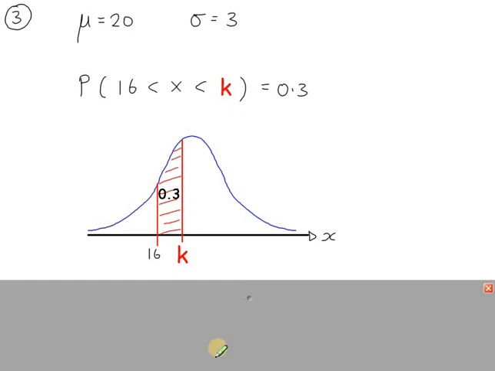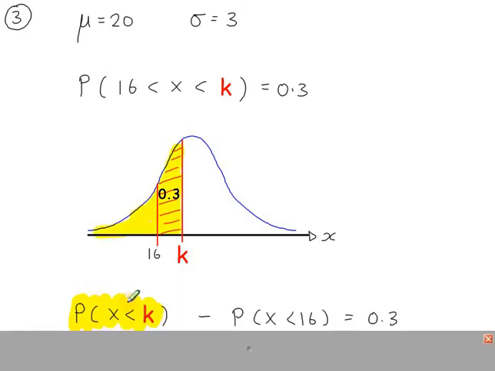Example 3. So this time we're given a probability between two values, one of which is unknown. So x greater than 16 or less than k, this region here, and the area here is, or probability 0.3. The probability x is less than k is this yellow shaded region.